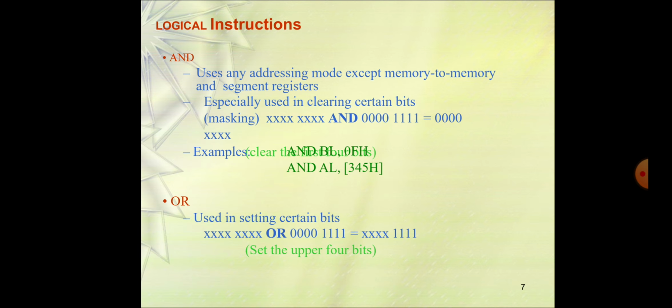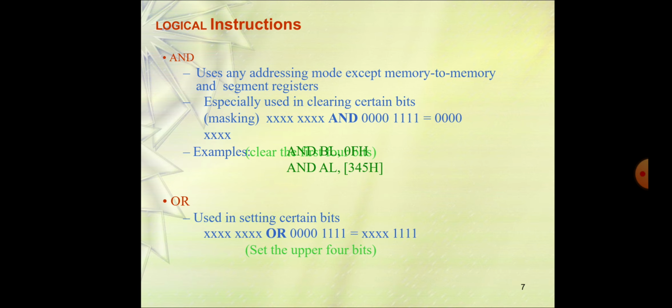So here are some logical operations explained. They use the addressing modes except memory to memory and segment registers. It is very simple. Whatever hexadecimal number you have can be converted into binary, and then we can perform the logical operations.